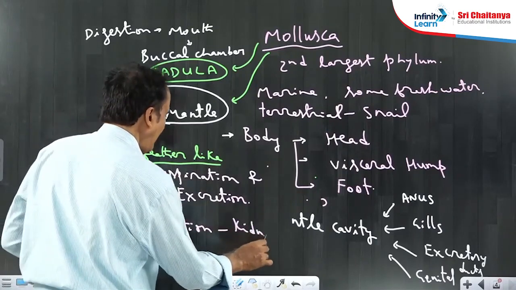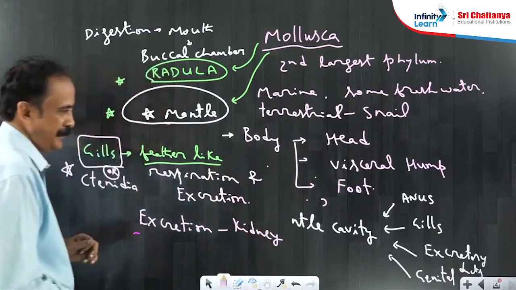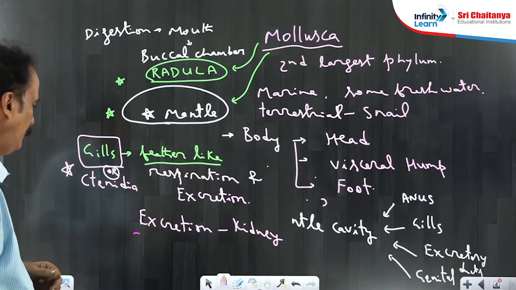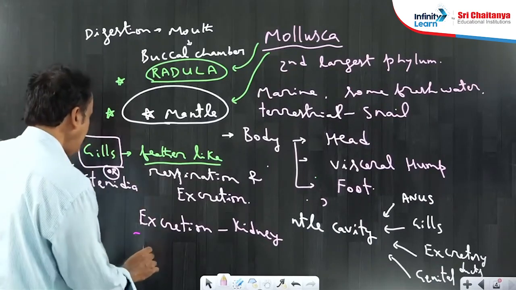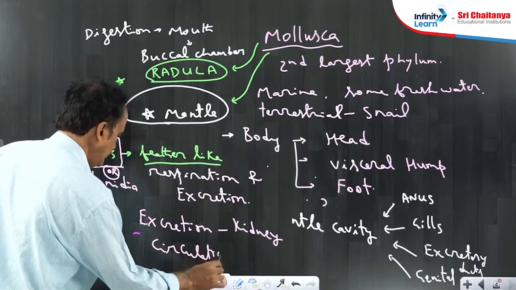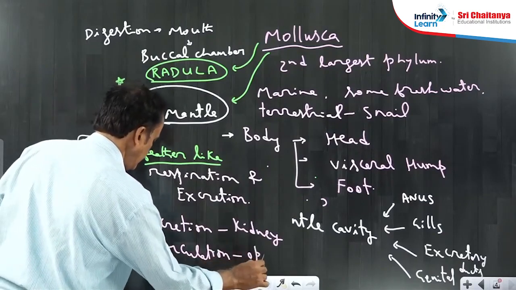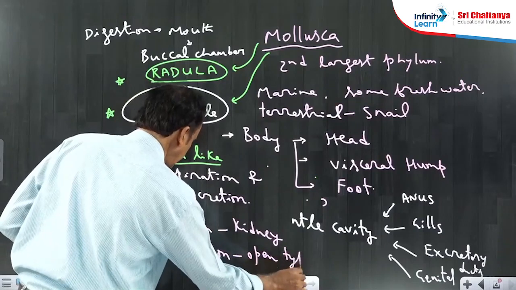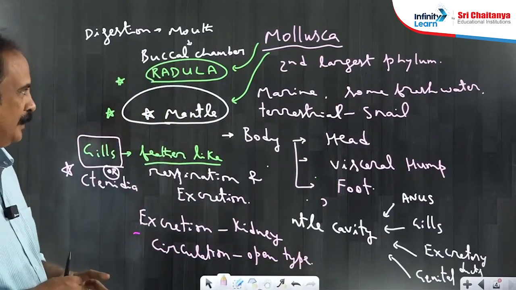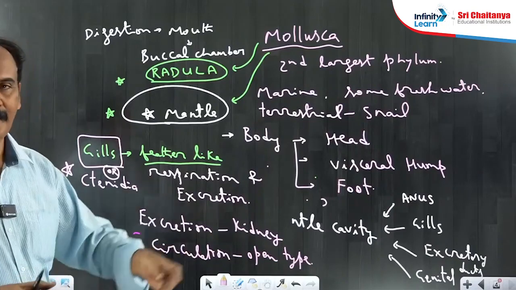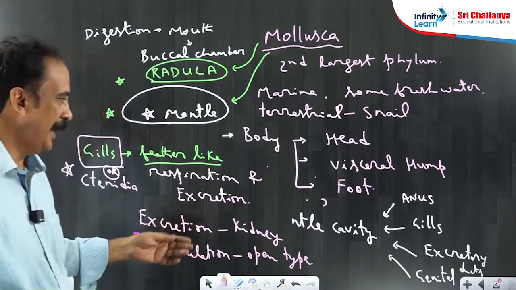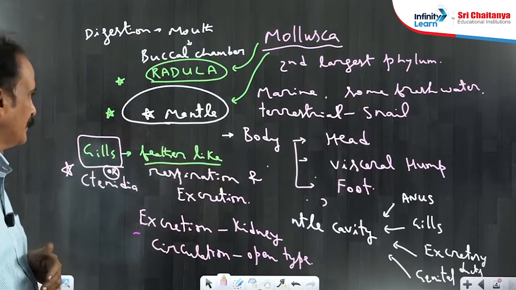It is also called the organ of Bojanus, or the Keber's organ, which helps in removal of the waste material. Circulation is open type. The nervous system is developed here with the help of ganglia, and you also find sense organs in the form of eyes and tentacles.